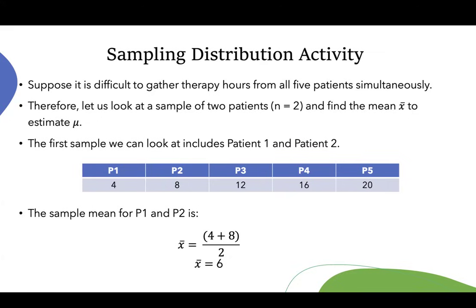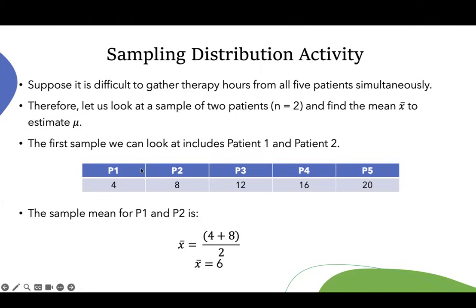Now, that's not the only mean that we could have chosen. We could have chosen a different sample. We could have chosen P1 and P3. That's a sample of size 2 as well. So P1 and P3, if we were to calculate its sample mean, 4 plus 12 divided by 2, that would give us 8. That's a sample mean of 8, which is different than a sample mean of 6.